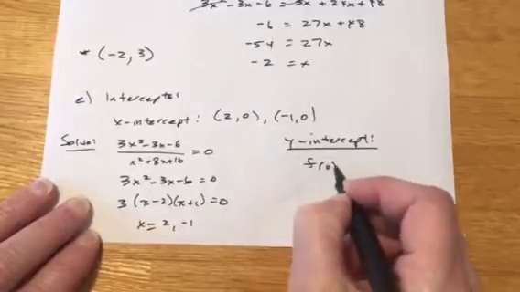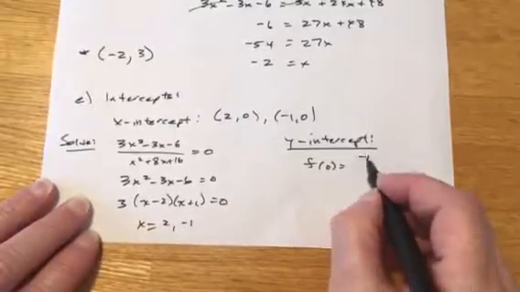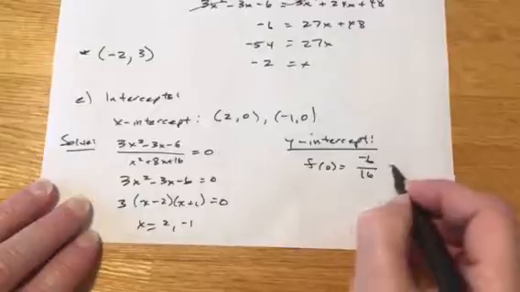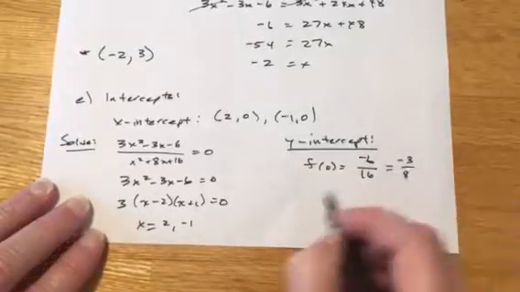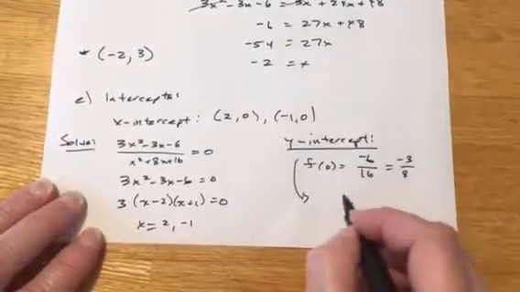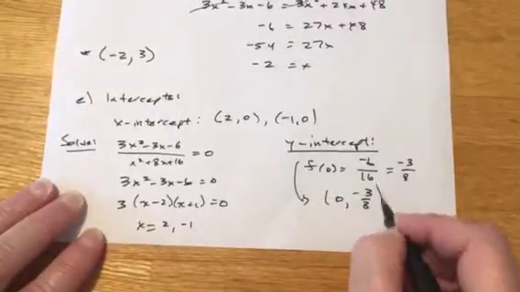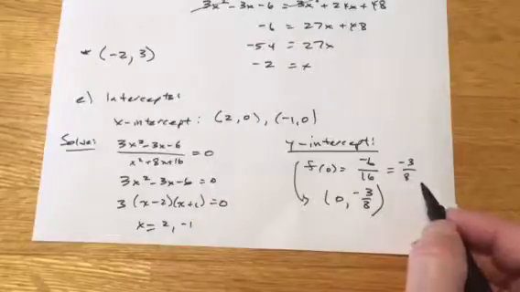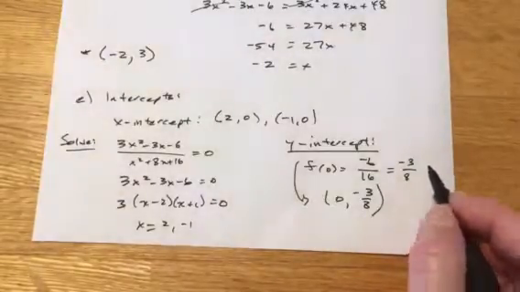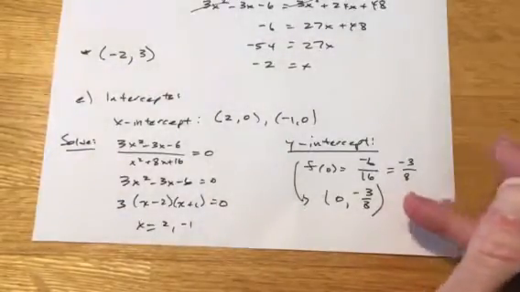So we evaluate the function at 0, so our numerator becomes negative 6, our denominator becomes 16, or negative 3/8. So for the y-intercept, we have 0 comma negative 3/8. Okay. All right, so then we take all this information and then we'll get a graph.